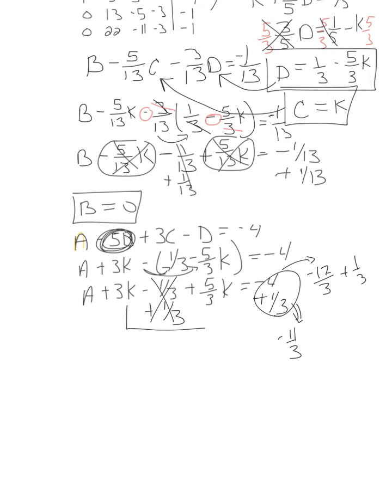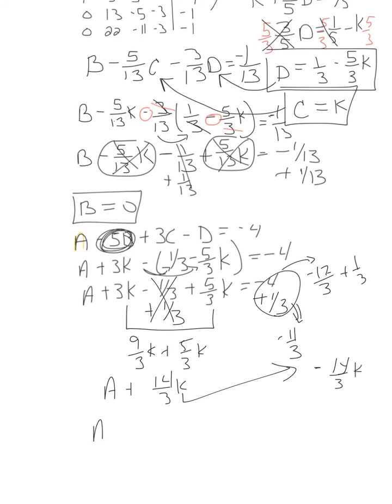Over here, I've got to put together these two, so I'll get a common denominator. So I've got 9/3 plus 5/3, so that's 14/3 k. I'll move that to the other side, so it'll be negative 14/3 k over here. So I've got a equals negative 14/3 k minus 11/3.